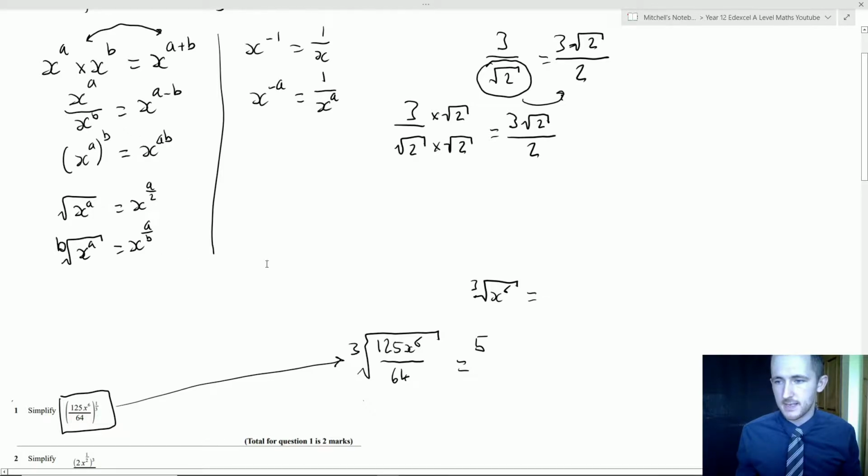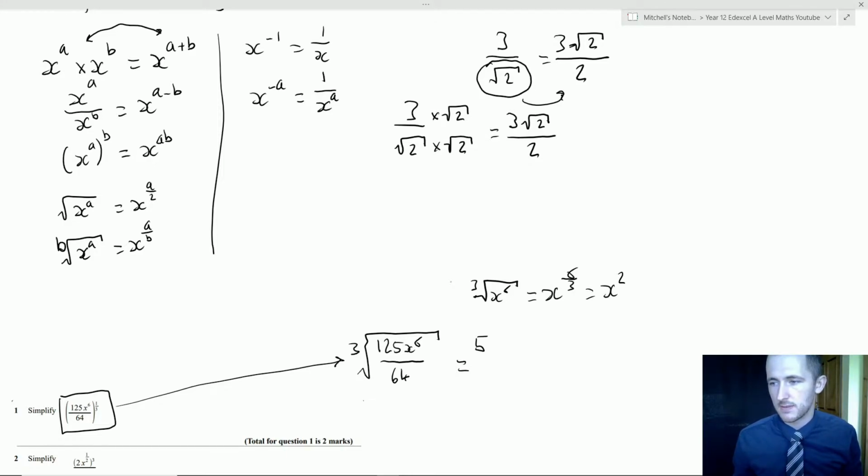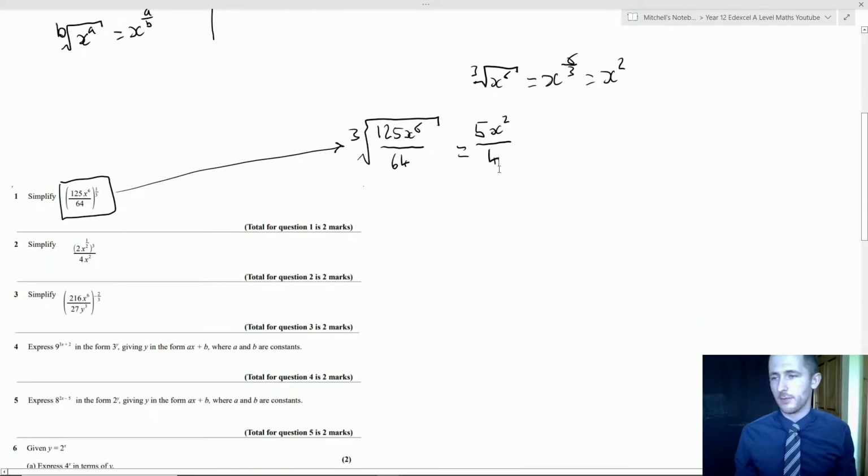In this case, b is 3, so we're going to have x to the power of something over 3, and a, in this case, is 6. 6 divided by 3 is 2, so it's just x squared, so it's 5x to the power of 2. 64 cube rooted is 4. So 5x squared over 4 is our answer there. Okay, I don't think that's too tricky so far.